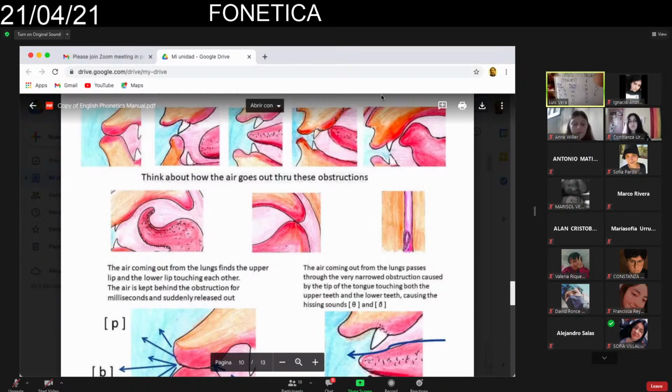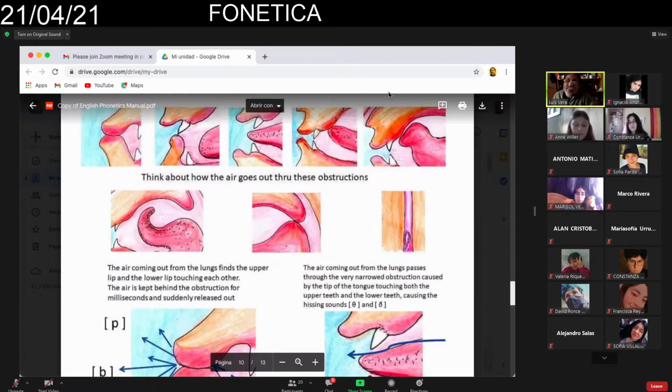And do you remember the other classification? The other classification was affricate. But there were only 2 sounds called affricate. Those affricates were ch and j. They are called affricates.